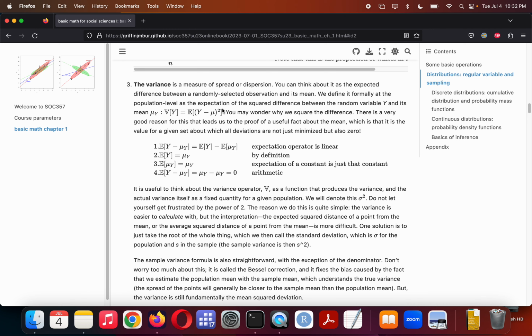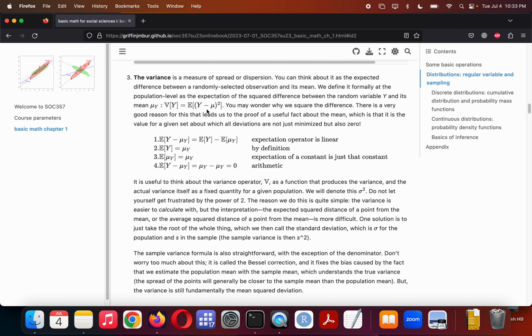And you might wonder why we squared the difference, and there's a good reason for this that leads us to a proof of a useful fact about the mean, which is that it's the value for a given set about which all deviations, or distances of the variable from the mean, like distances of different scores on the variable, are not just minimized, but also 0. So what that means is that the expected value of a deviation, so y minus mu, a random variable minus its mean, is actually 0.